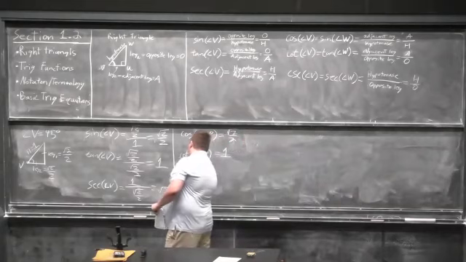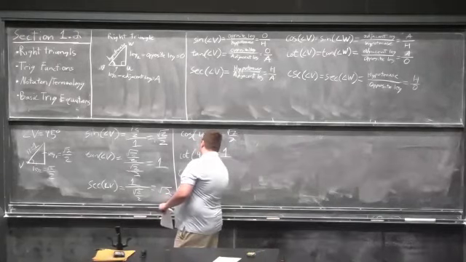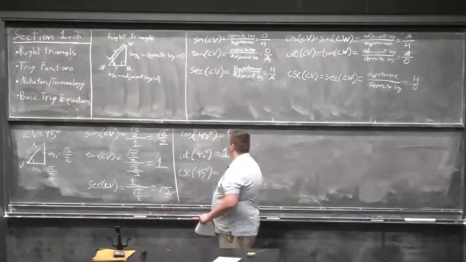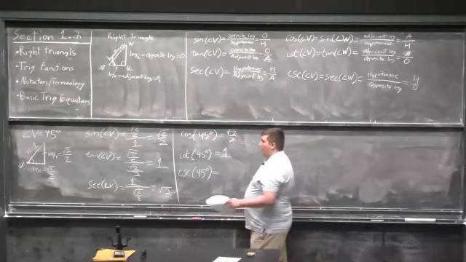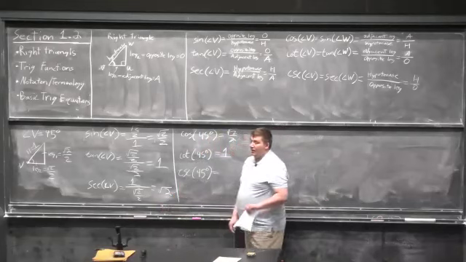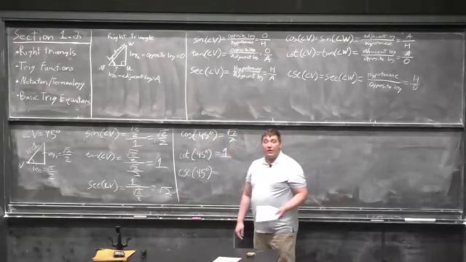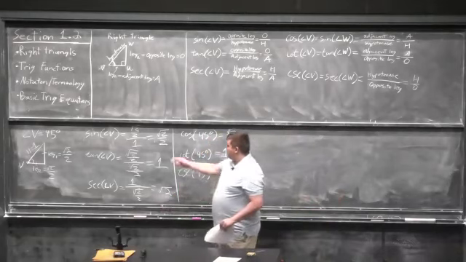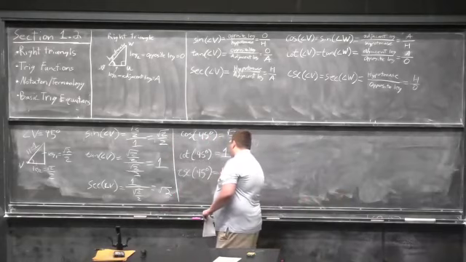And for our cosecant of our angle V, we can write that as our hypotenuse divided by our opposite leg, or 1 over sine, which we then can take 1 divided by square root 2 over 2, which is square root 2.